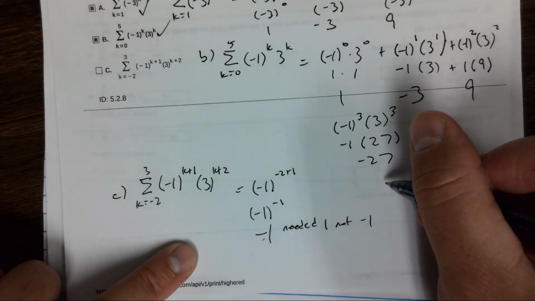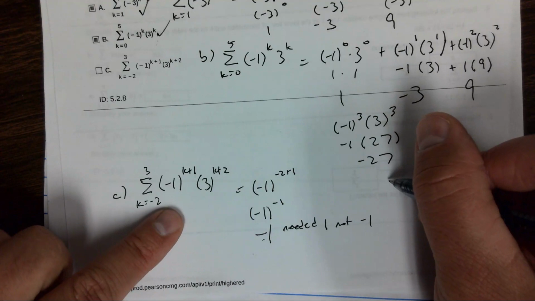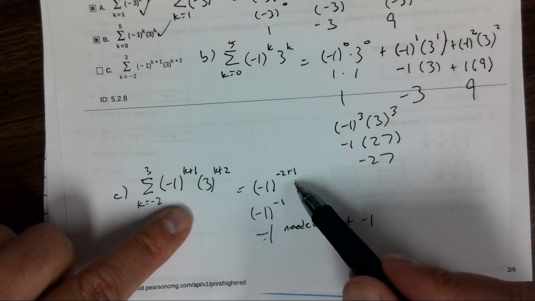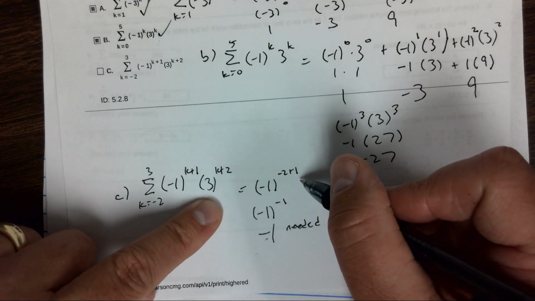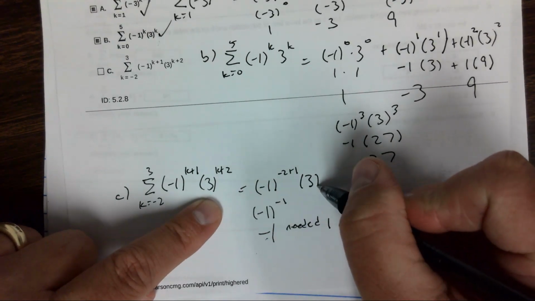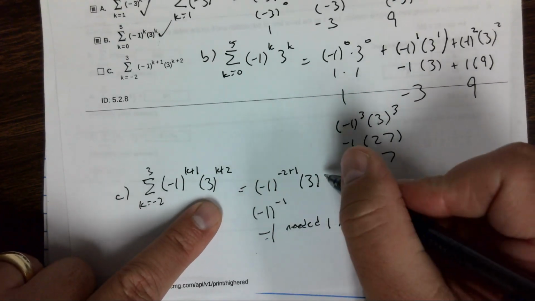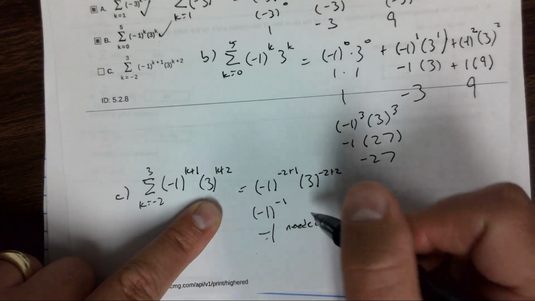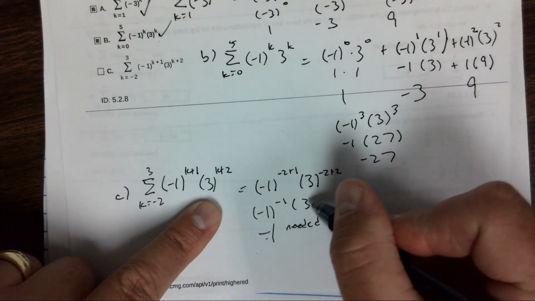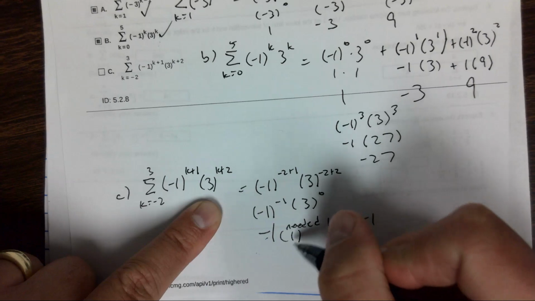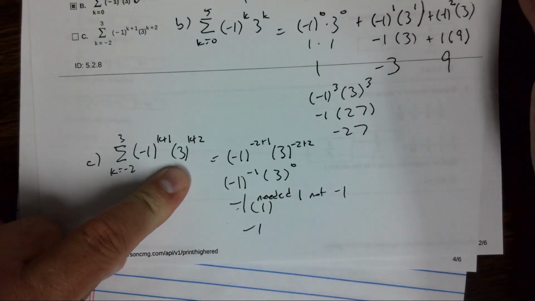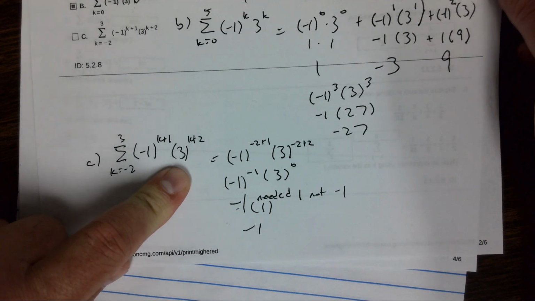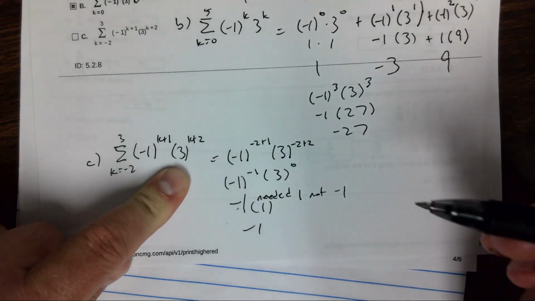And if we test another one, oh, I didn't even do the back part yet. 3 to the -2 plus 2, that's 3 to the 0, which is 1, and so we get -1. Okay, so that's for the first term, which was incorrect.